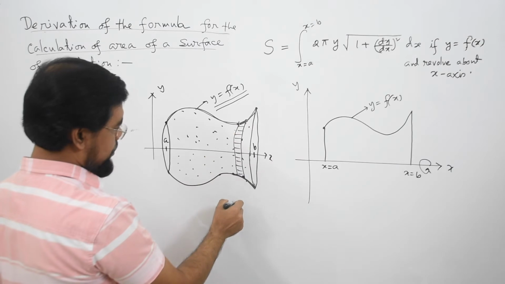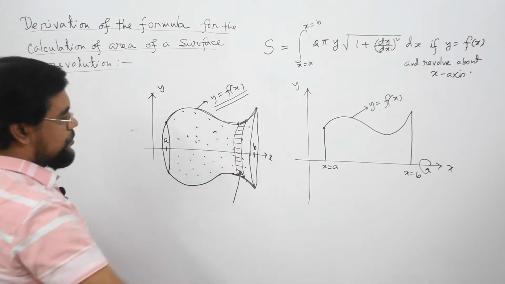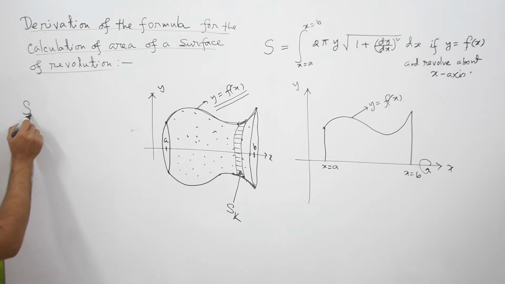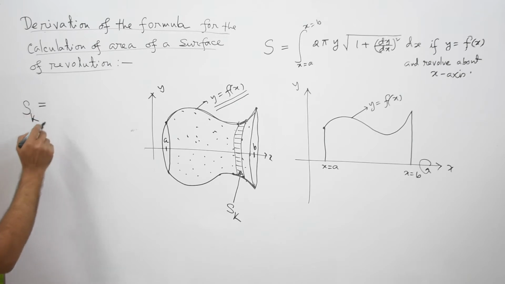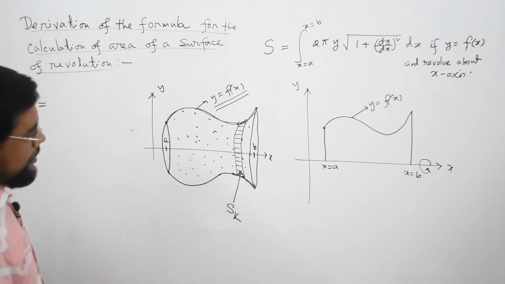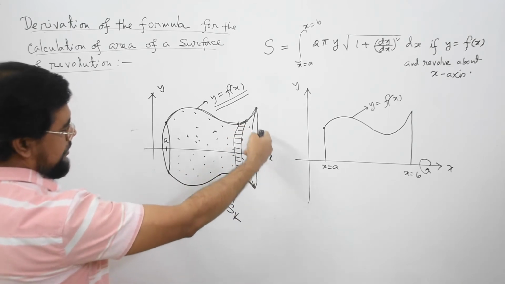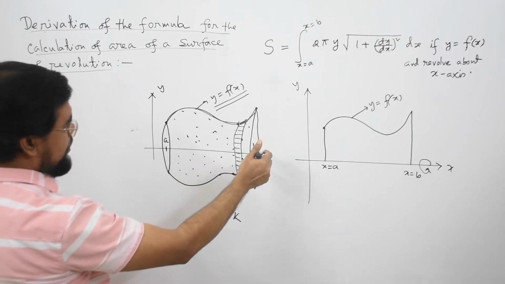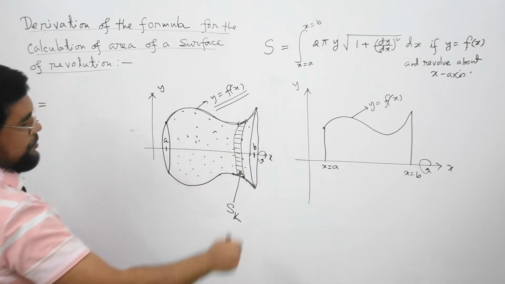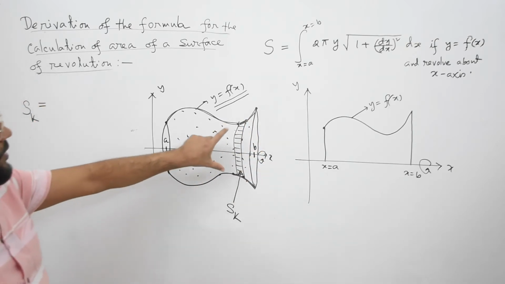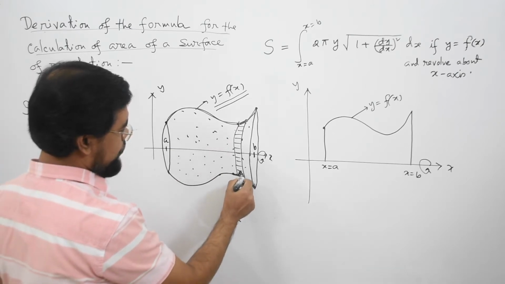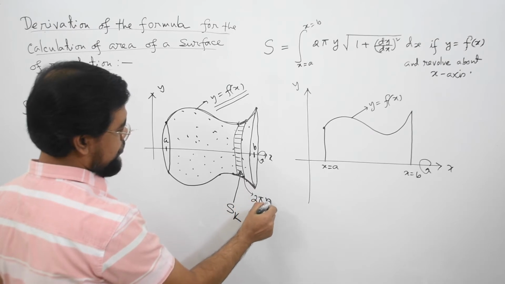So the first question is, what is the area of this small band? Let us denote the area of this small band by Sk. Since we get this shape by revolving this curve, it will look like a circle, and the circumference of this circle will be 2 pi r.